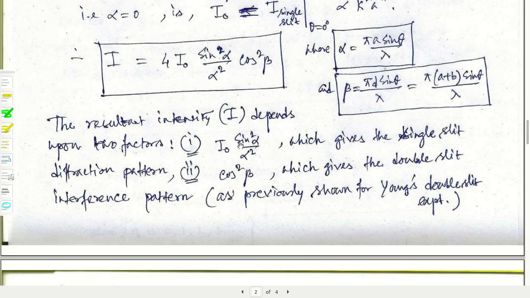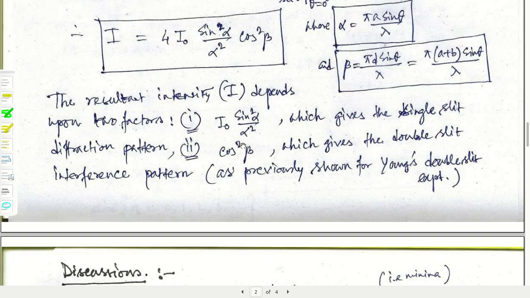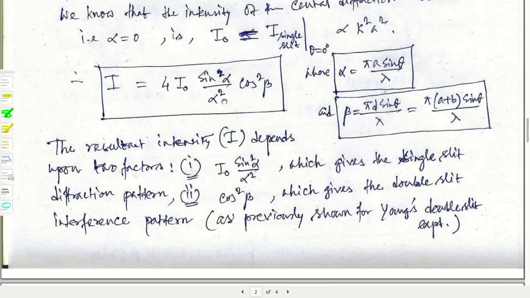So to find the maxima and minima, we should find the maxima and minima for the diffraction and for the interference separately.